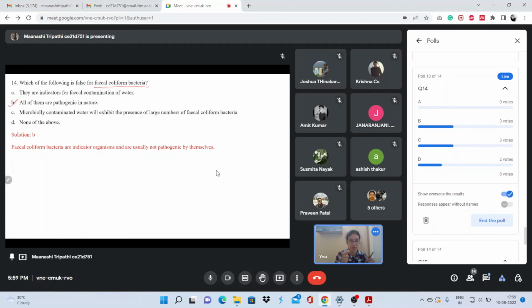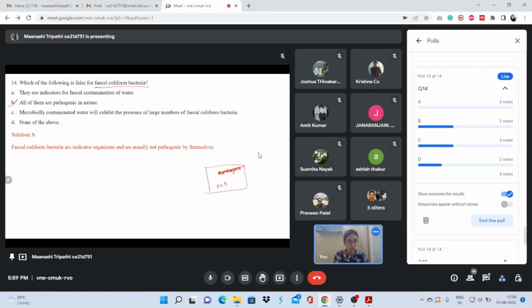If water had pathogens one month back, even if the pathogens are gone, we will still find the fecal coliform bacteria. We never measure the pathogens directly because we fear the disease.